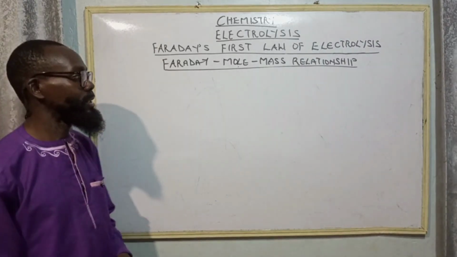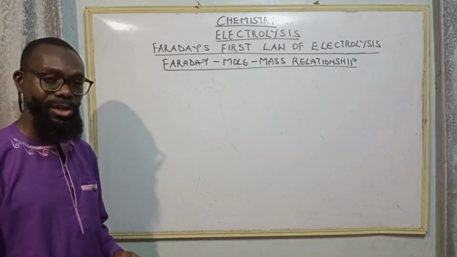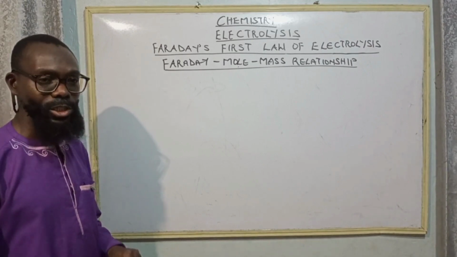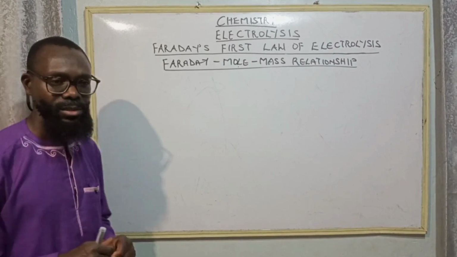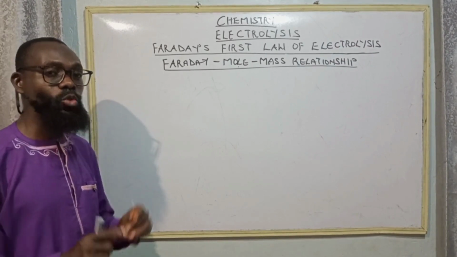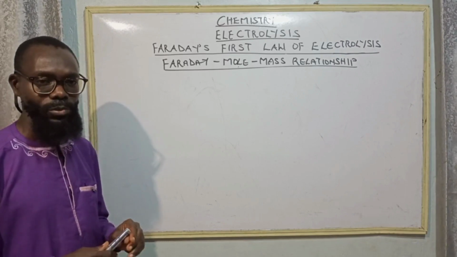Faraday, the mole to mass relationship. Now, in theory, the quantity of electricity passing through an electrolyte is always equivalent to 96500 coulomb.